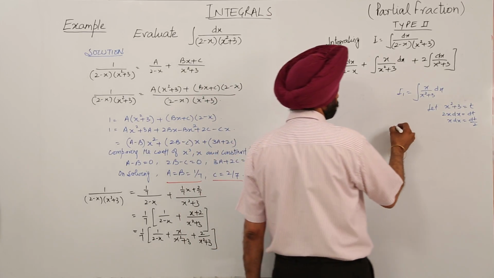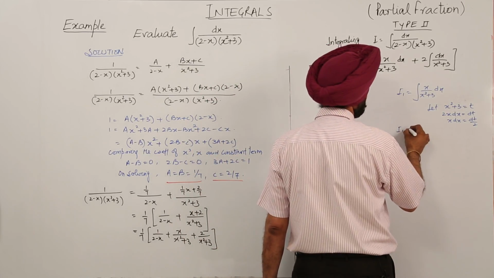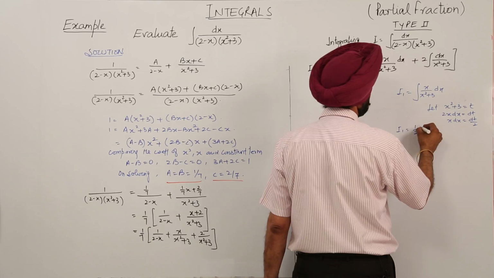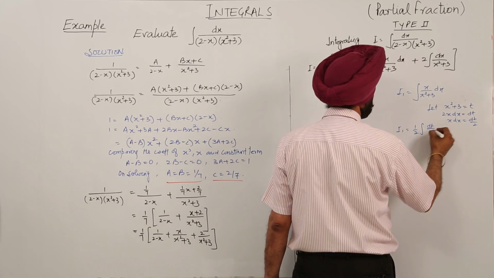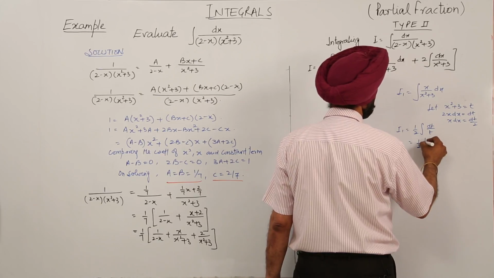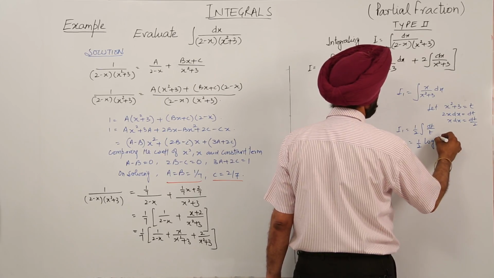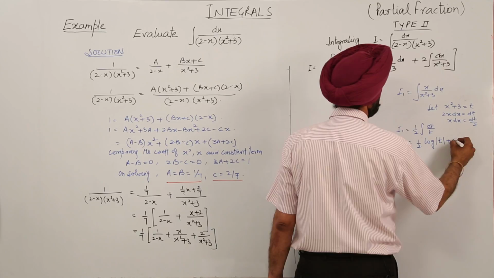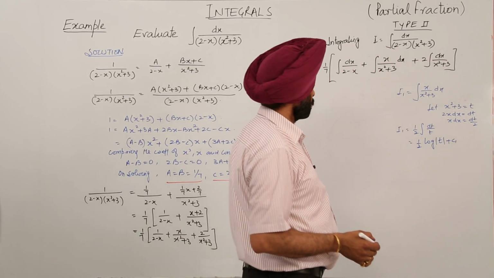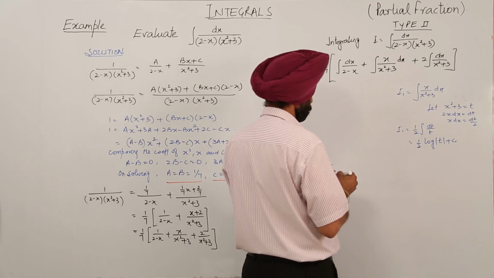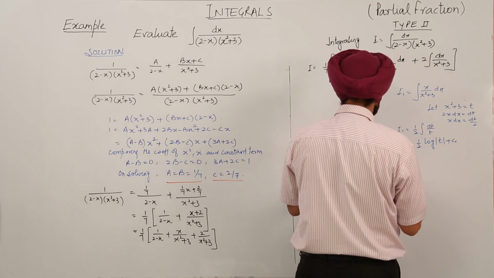Okay, so we are having now 1 upon 2 integration of dt upon t, and this is 1 upon 2 log mod t plus c1. Similarly, we can move directly for this part.